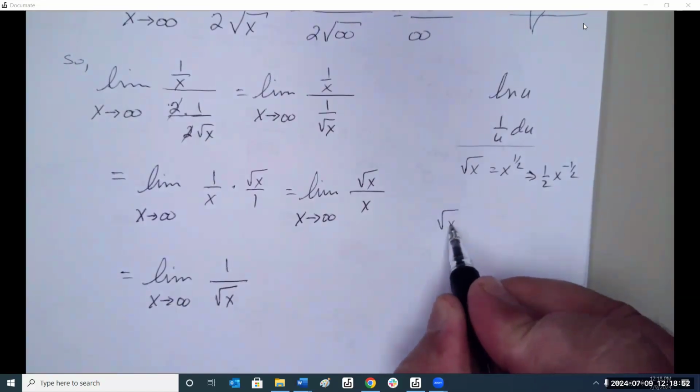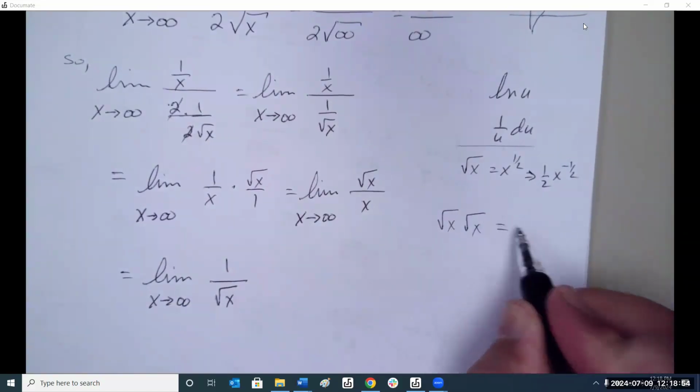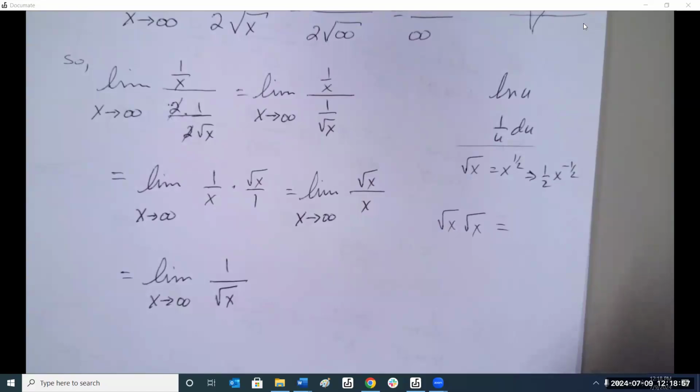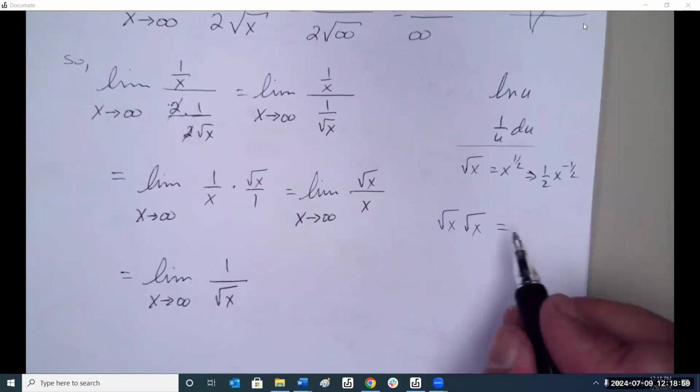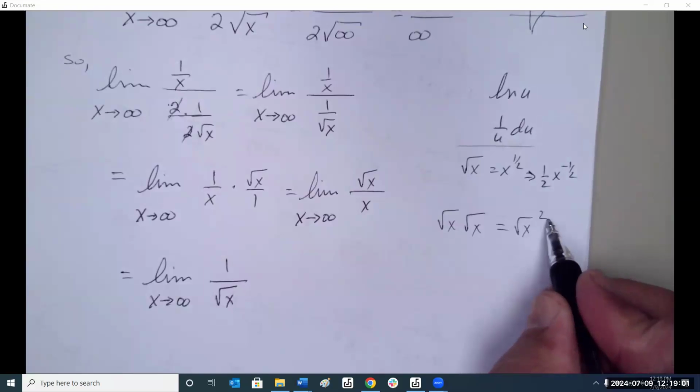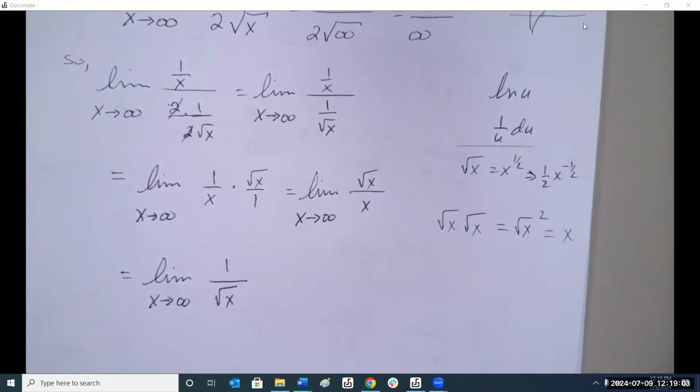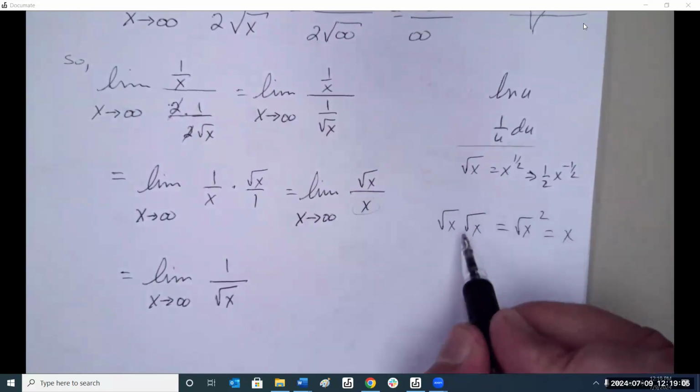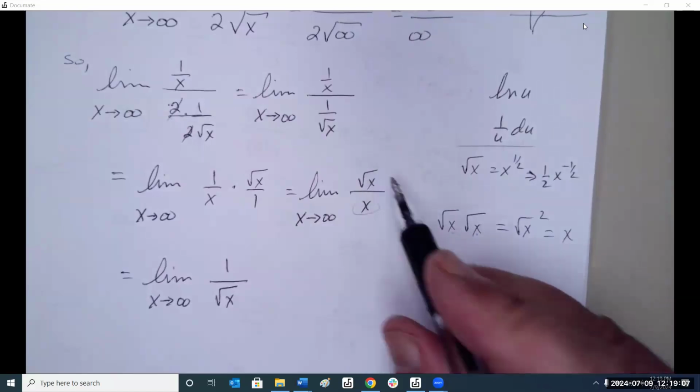Because what is the square root of x times square root of x? It is square root of x squared, which is x. So x is the same as square root of x times square root of x. I can cancel those out.